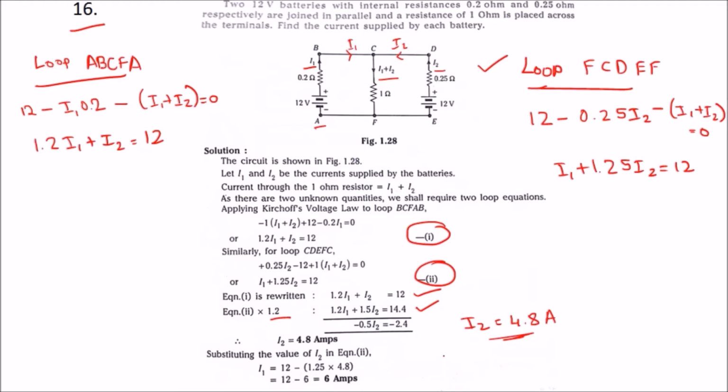We'll substitute the value in equation 1: 1.2 I1 plus 4.8 is equal to 12, so I1 is equal to (12 minus 4.8) divided by 1.2. Simplifying, we get I1 is equal to 6 amps.